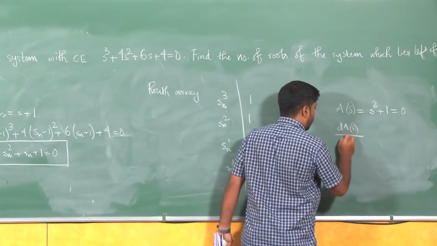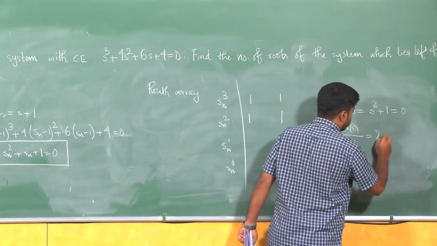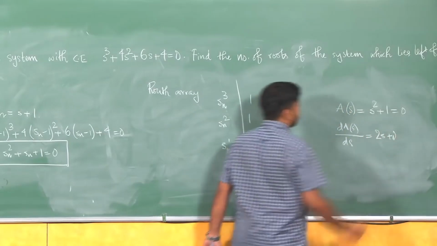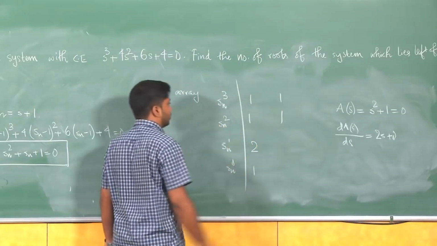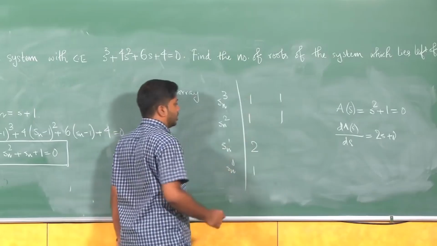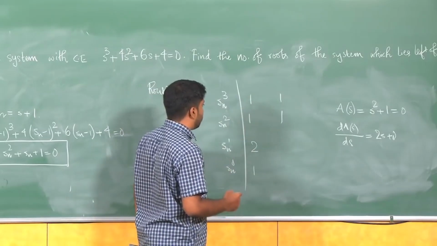dA/ds is equal to 2S plus 0. So, this is 2 and this will be 1. So, all the elements of the first column are positive.